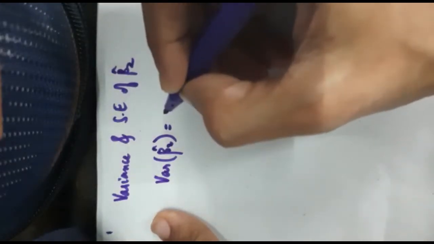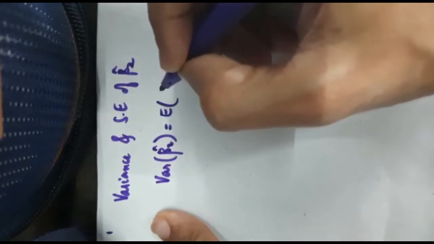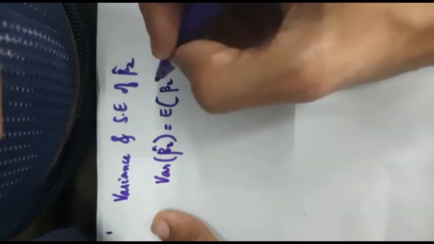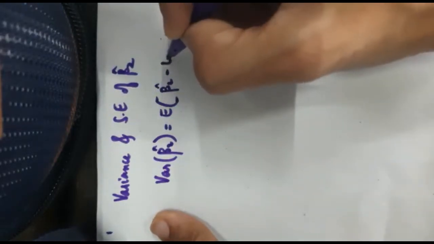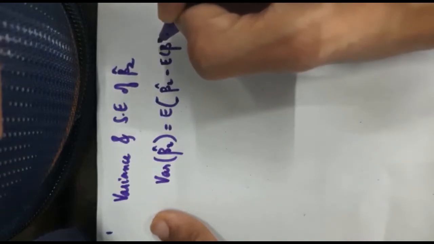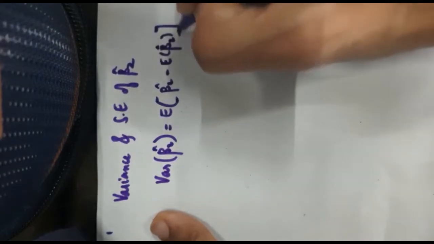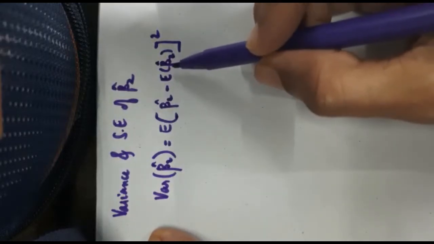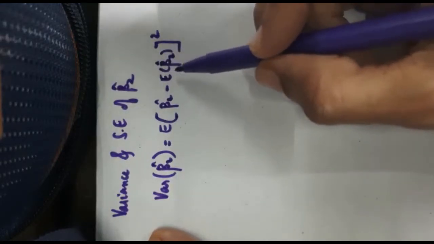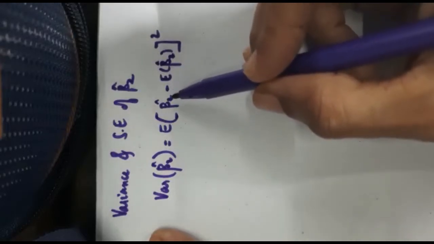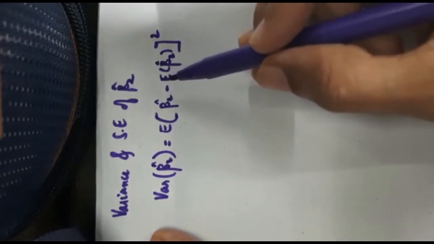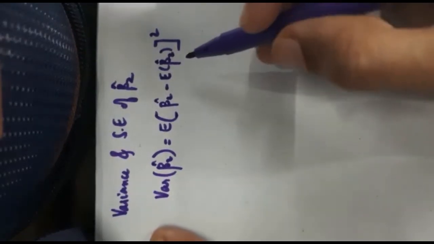What I mean is, variance of beta 2 hat would be the mean of beta 2 hat minus its mean, whole squared. This is the formula for variance: expectation of beta 2 hat minus expectation of beta 2 hat, whole squared. Here expectation of beta 2 hat is the mean of beta 2 hat. So the mean of deviations from the mean squared is the variance.